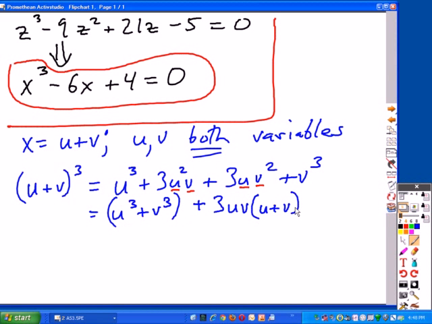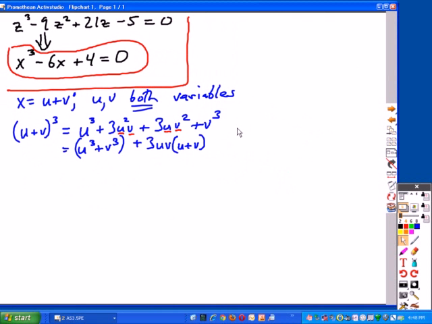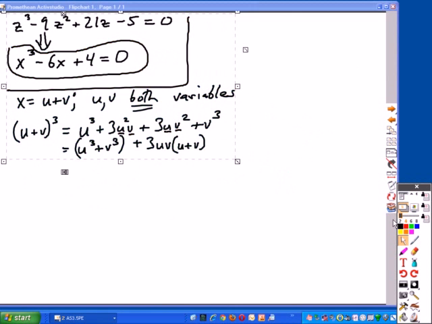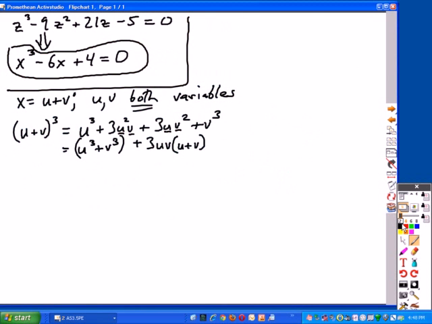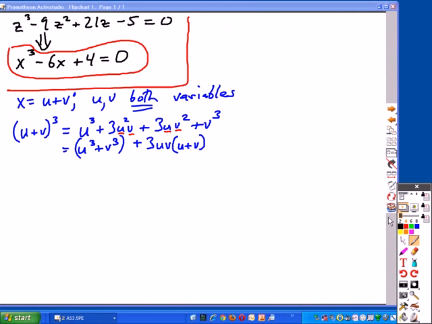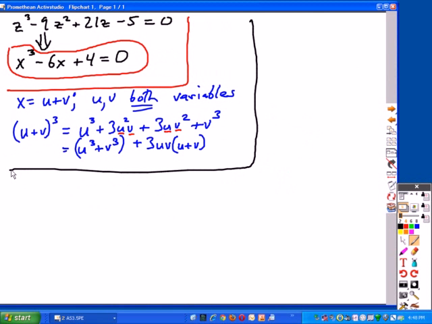So if we make our change of variables, then in fact what happens with our original equation, well, let's make this a little bit smaller so we don't wind up losing. Okay, I think I'm organized enough now to do this.